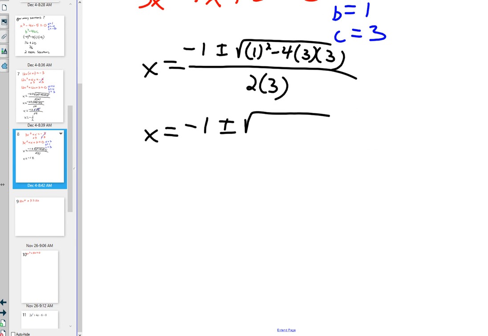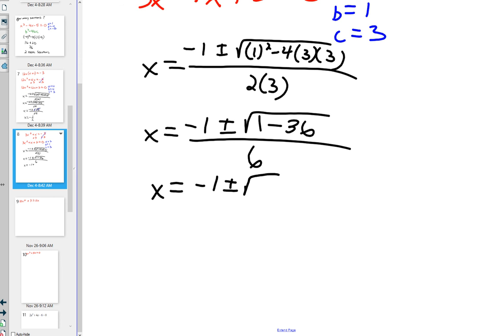1 squared is 1. How many negatives come afterwards? There's one negative, good, so 4 times 3 times 3 is 36 over 6. X is equal to negative 1 plus or minus the square root of negative 35 over 6.